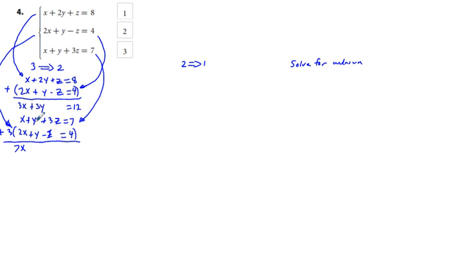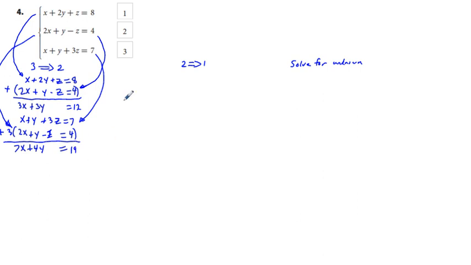And then next we have y plus 3y is going to be 4y. And then the last one we have 3z plus negative 3z is going to equal 0. And then the last one we have is 7 plus 3 times 4. Well, 3 times 4 is 12. So 7 plus 12 is 19.